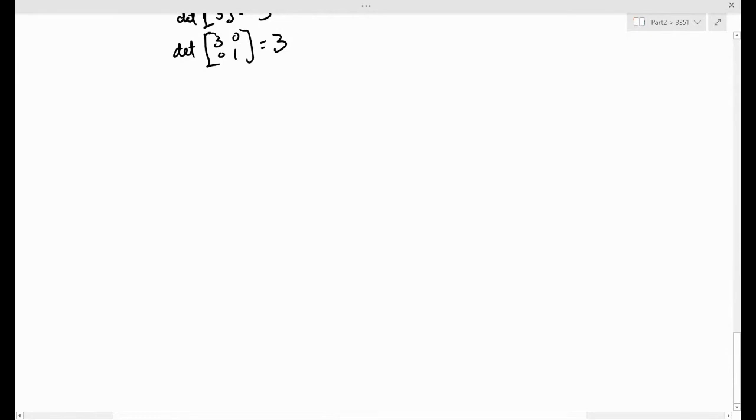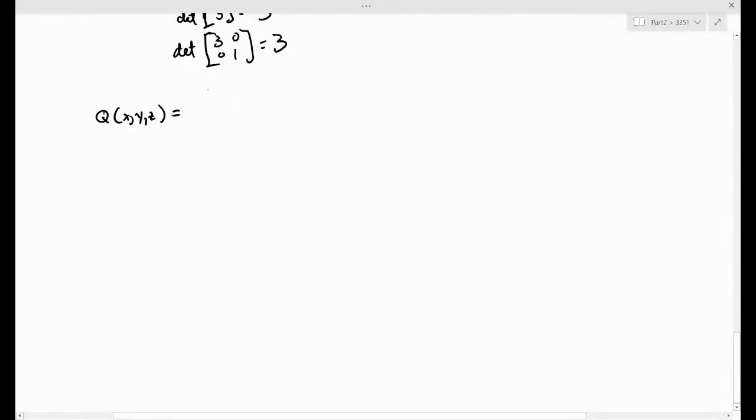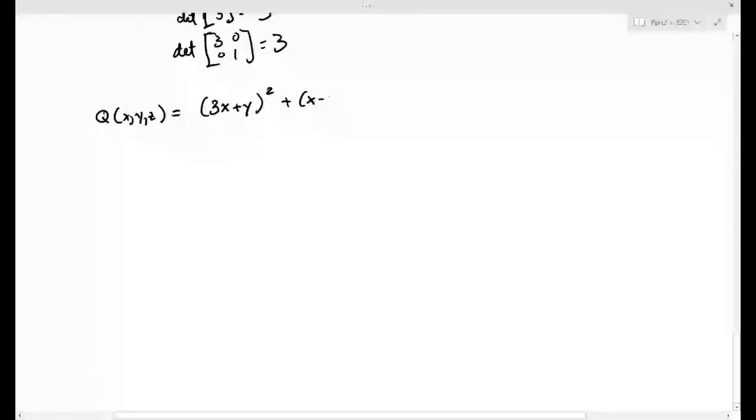Okay, so here's another example. So here's a quadratic function. Let's call it Q on x, y, and z. So this is a positive definite quadratic form, right?